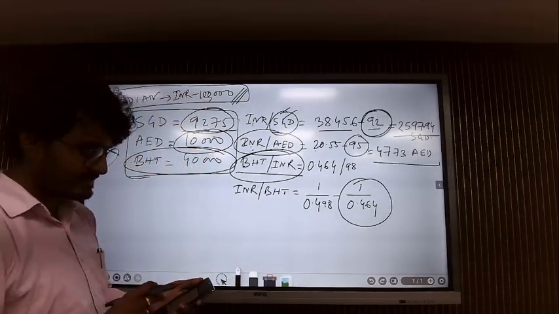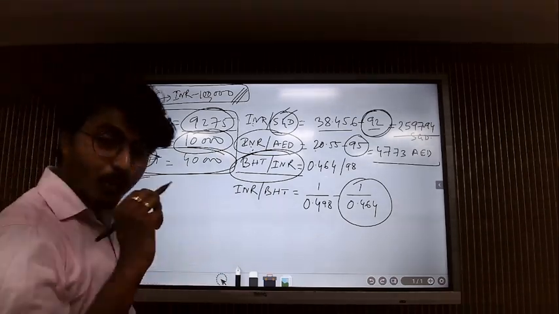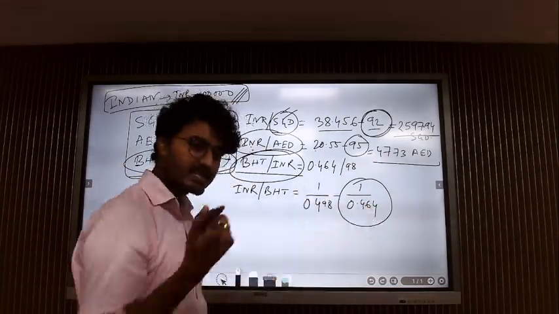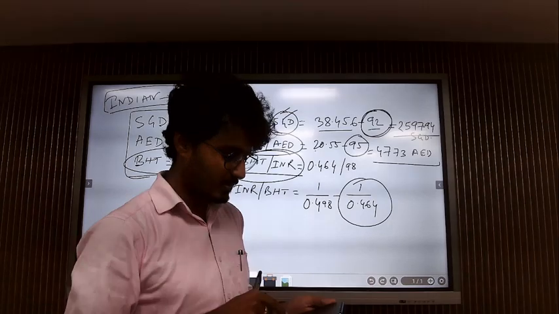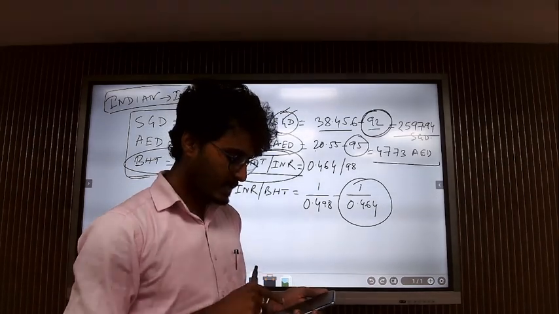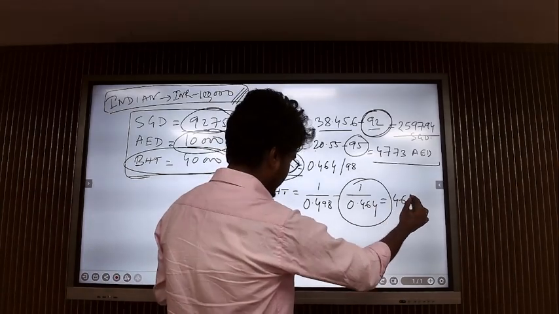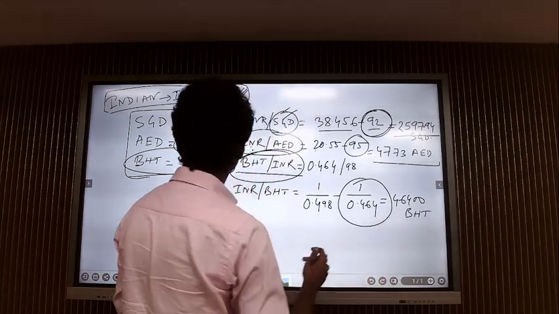So just try. 1 lakh divided by 1 by 0.464. That means 1 lakh into 0.464. So 46,400 Baht.